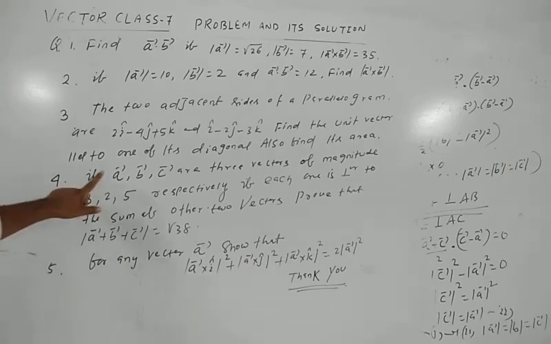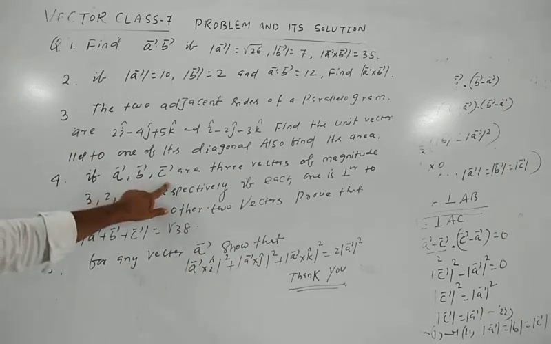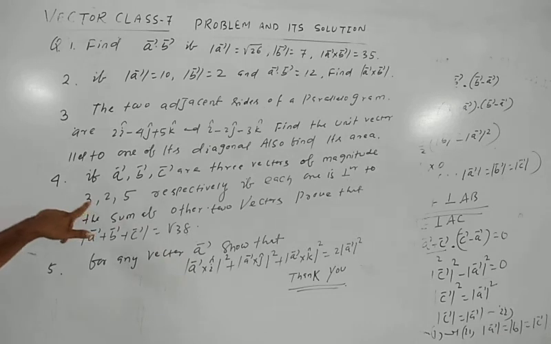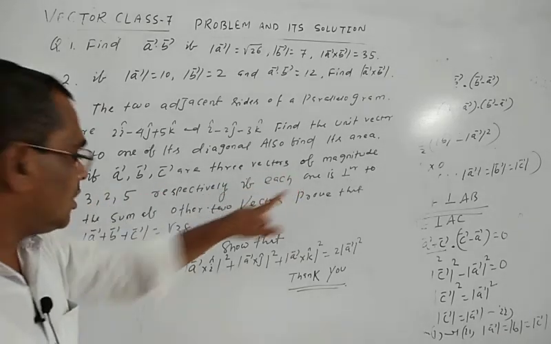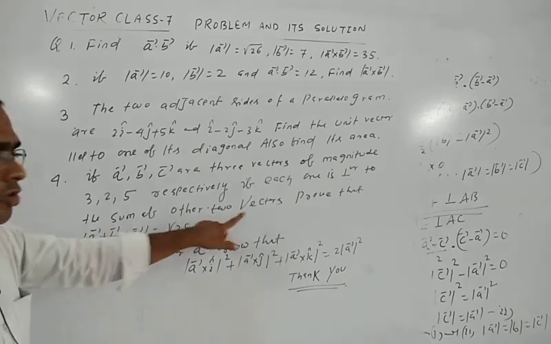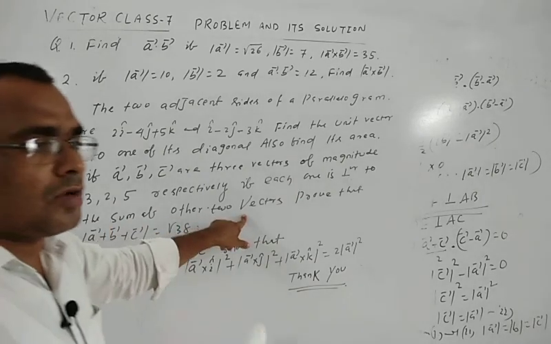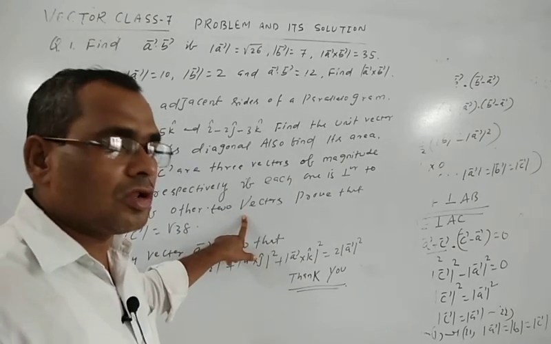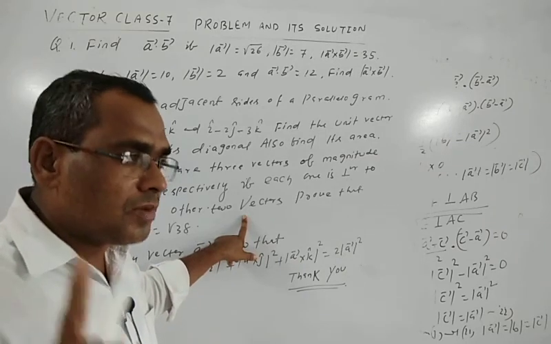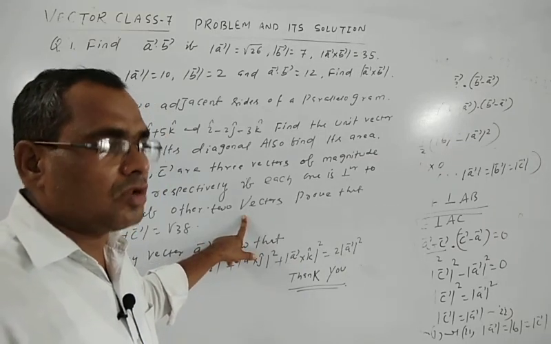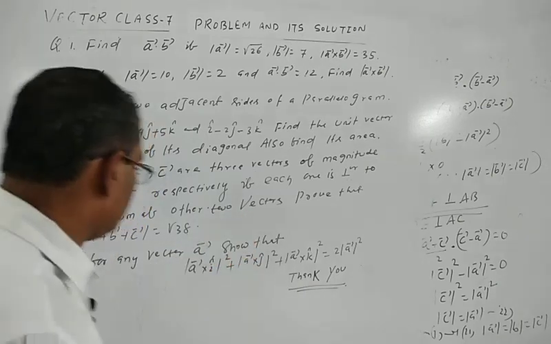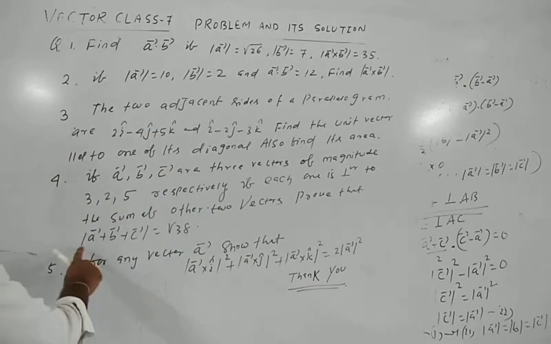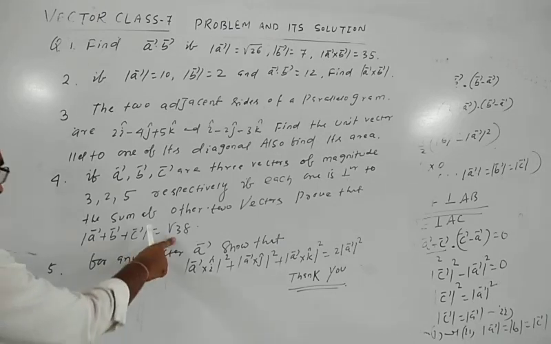Next question: if A vector, B vector, C vector are three vectors of magnitude 3, 2, 5 respectively, and each one is perpendicular to the sum of the other two, that means A vector perpendicular to B vector plus C vector, B vector perpendicular to C vector plus A vector, and C vector perpendicular to A vector plus B vector, then prove that A vector plus B vector plus C vector magnitude is equal to root 38.